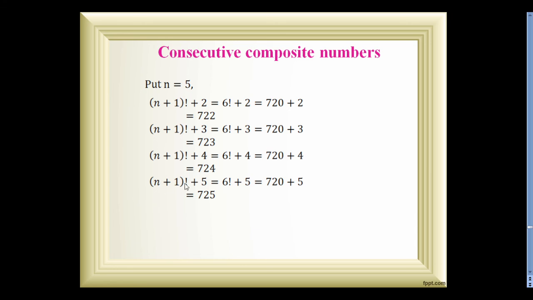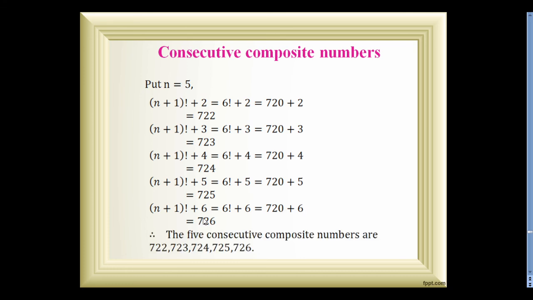Then 6 factorial plus 5 is 720 plus 5, which is 725. Last, 6 factorial plus 6 is 720 plus 6, we get 726. Therefore, the 5 consecutive composite numbers are 722, 723, 724, 725, 726.